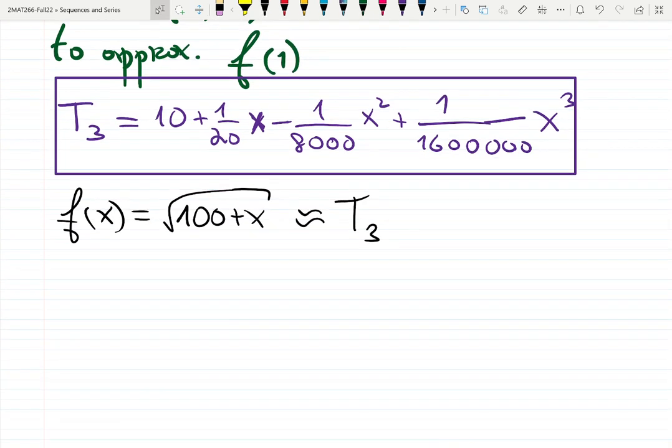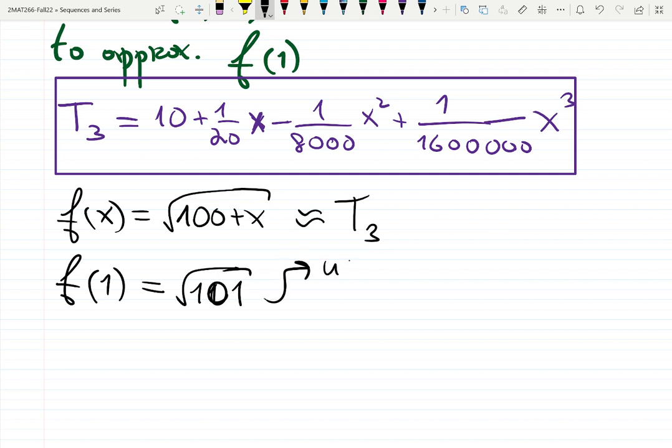Using T sub 3, they want us to find what is f at 1. Of course, you can just say f of 1 is obviously the square root of 101. Like, duh. That's the kind of obvious weird idea here. But we chose an easy function because it's easy to work with. So what is the square root of 101? There are two ways to find it.